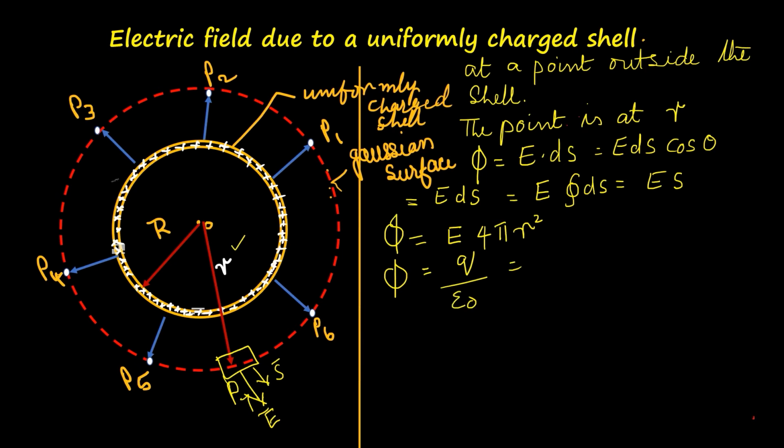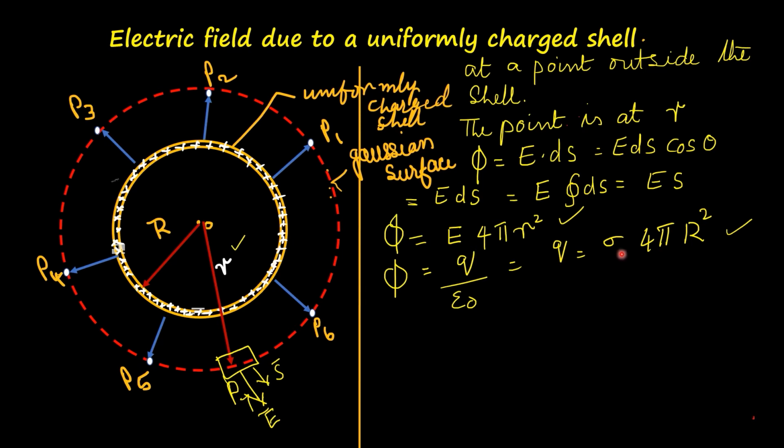For surface charge distribution, Q is equal to sigma, the surface charge density, into area. Here area is 4 pi R square, where capital R is the radius of the sphere. In the case of a plane sheet, we have already seen that it is independent of distance. If you have not yet watched that video, click the I button in order to watch that.